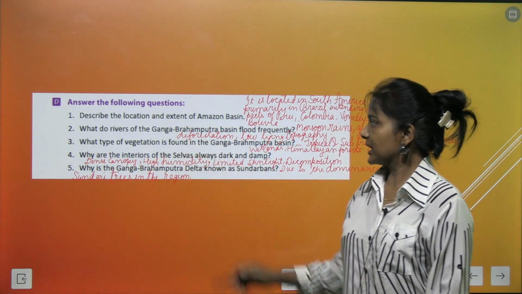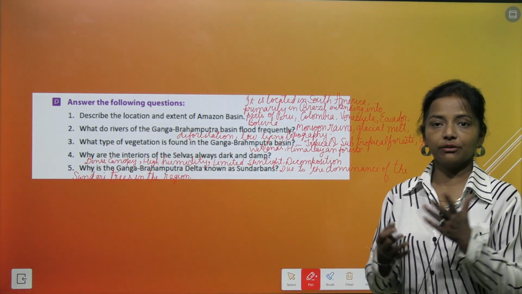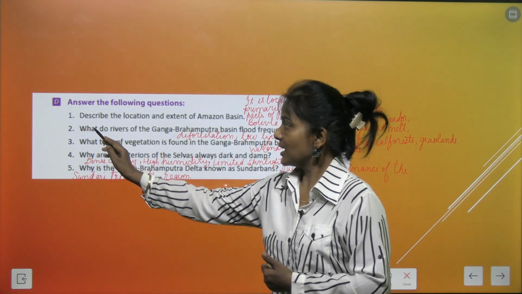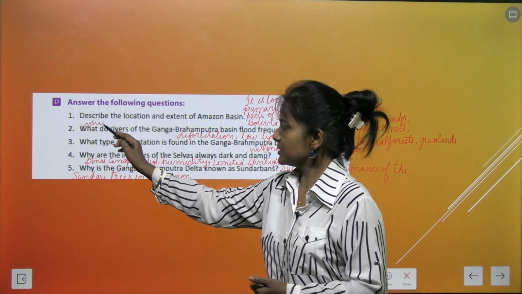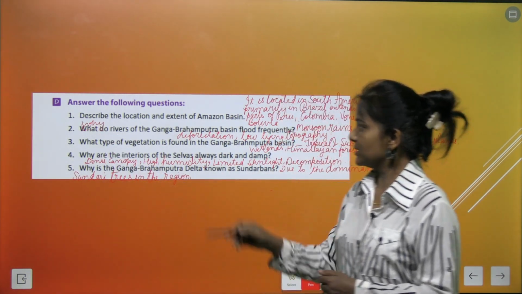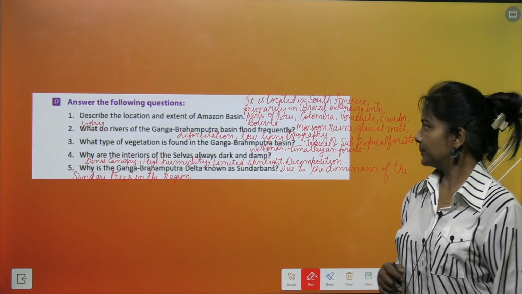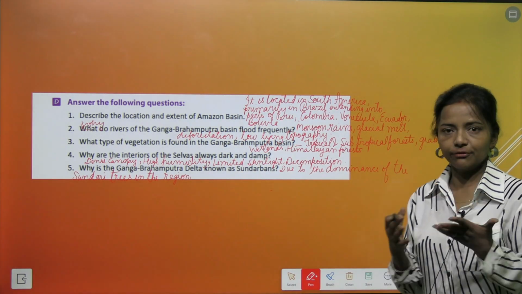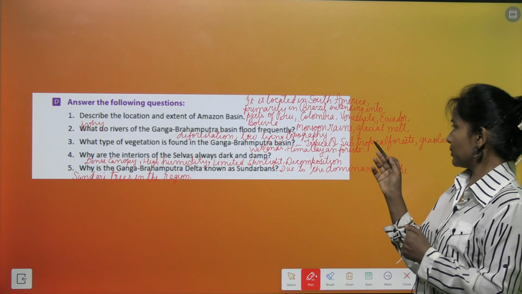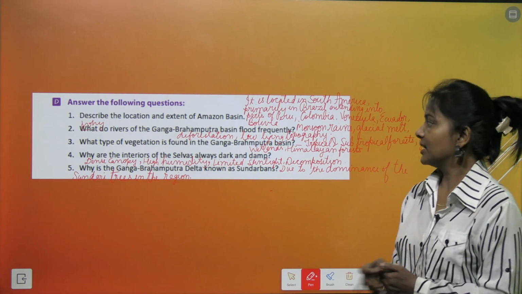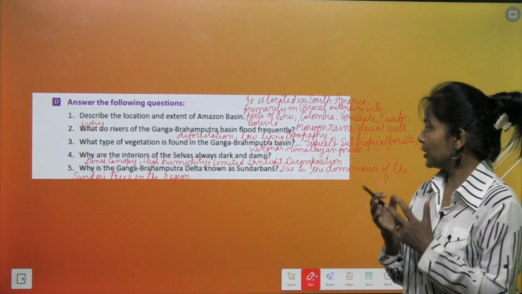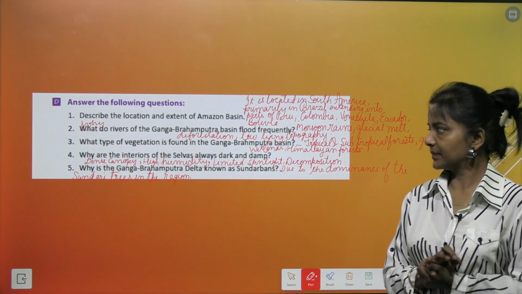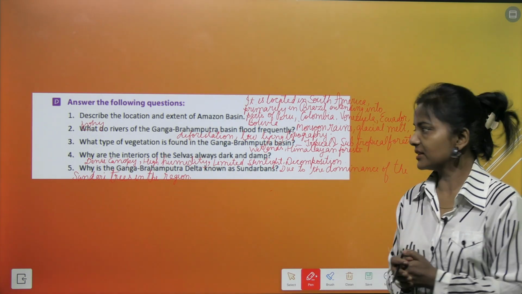Why do the rivers of Ganga-Brahmaputra basin flood frequently? They flood frequently due to the monsoon rains, the glacial melt, the deforestation, and low-lying topography. That's why there is so much of flood.